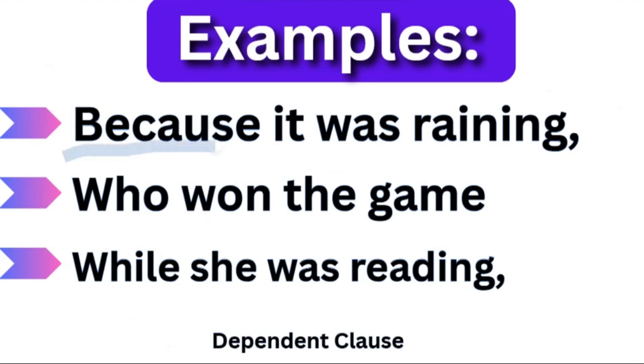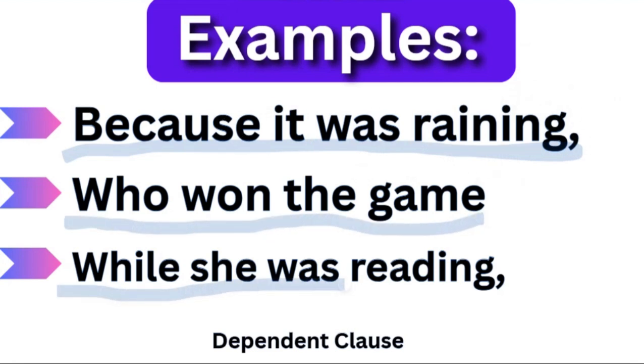Examples: because it was raining. Sounds incomplete, right? Feels like something more should follow. Who won the game? While she was reading. See, these parts make you wonder, okay, what happened next? That's the key feature of a dependent clause. It can't stand alone. Clear enough? Let me know in the comments if you understood.